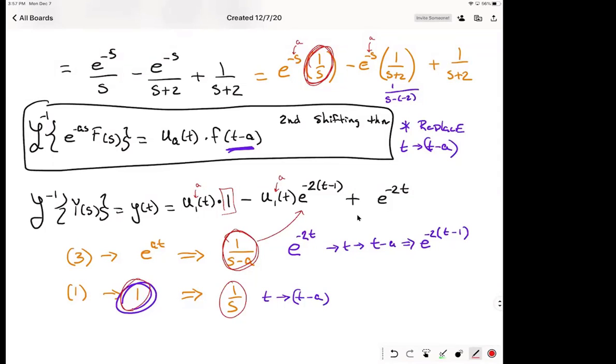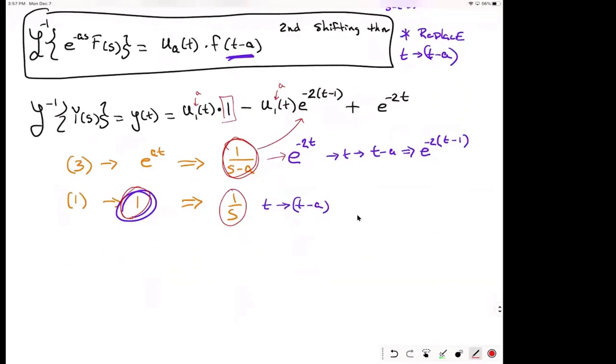So this would be e to the minus 2 times t. That would be that case. But because I need to replace t with t minus 1, I'm shifting, then I end up getting that term with the e to the minus 2 times t minus 1.